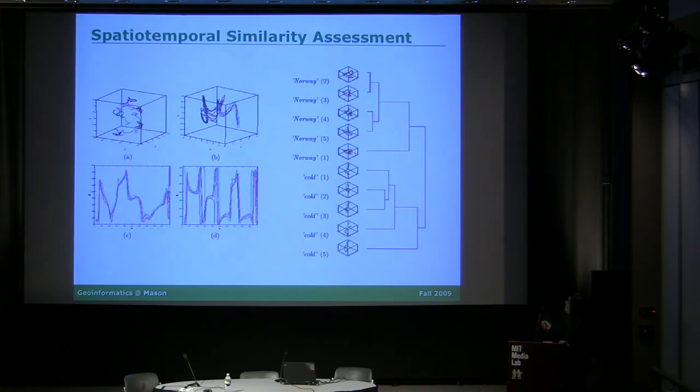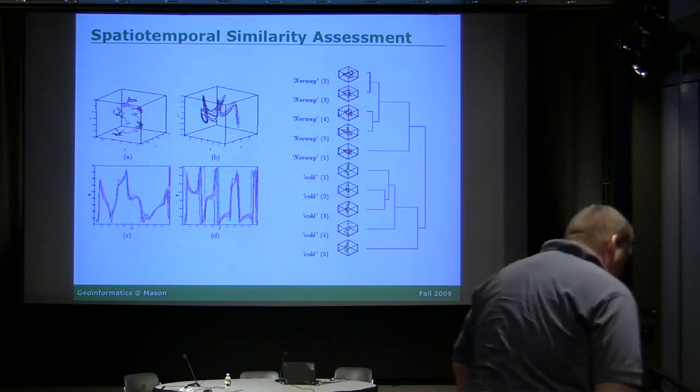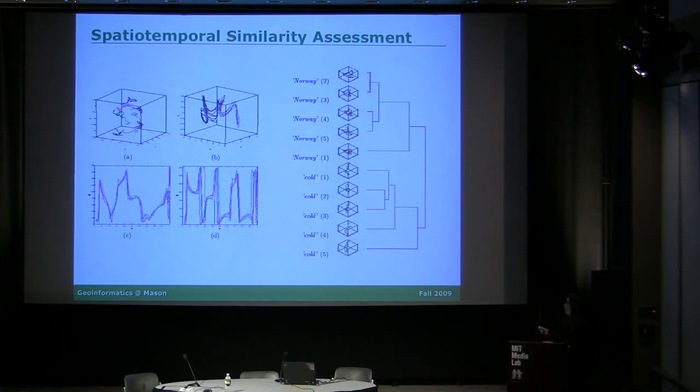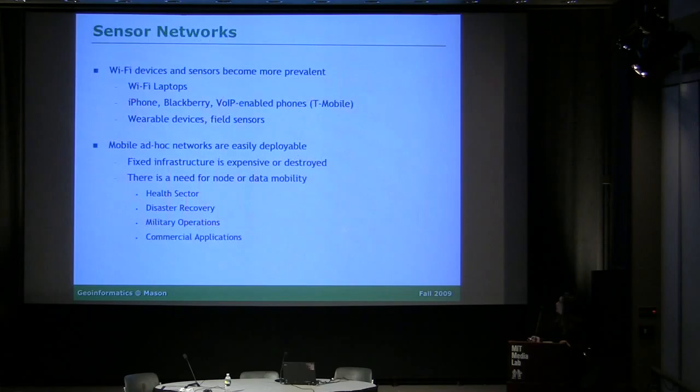And you see it came back in a hierarchical manner and gave us better matches, less good matches, and so on. So we have been using this to find similarities among phenomena that can be visualized, modeled I should say, in a spatiotemporal manner, or even words or other things that have a space and time component to them.